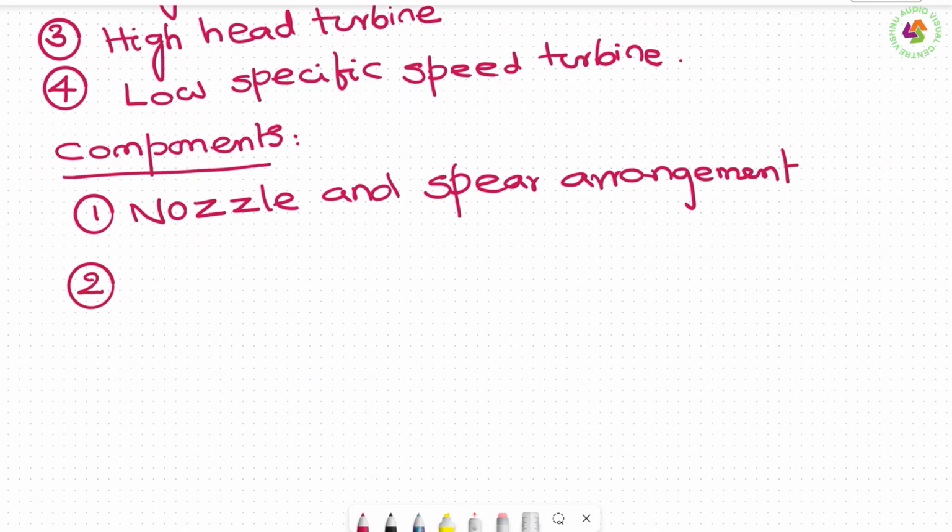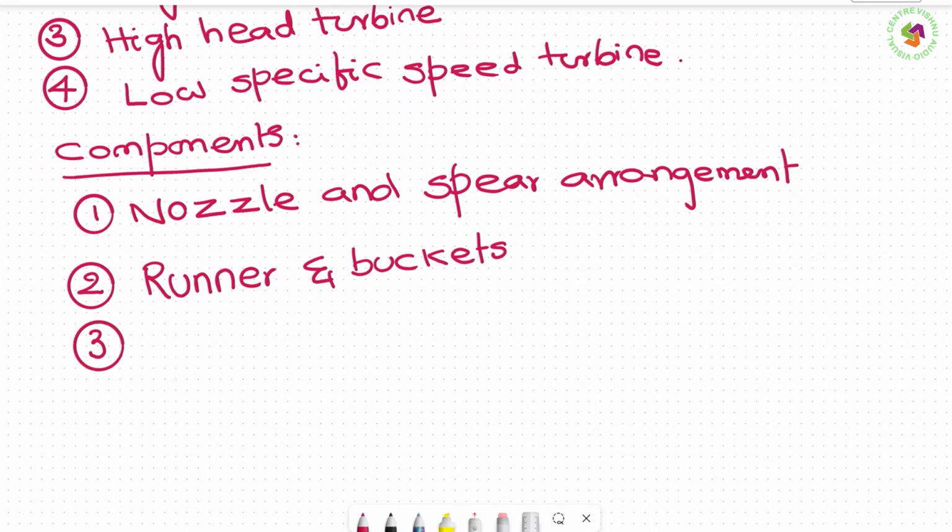Then the important component of any turbine is the runner, and here its buckets. Buckets means the vanes that are fixed on the periphery of the wheel. That is the second component. The most important third component is the casing.